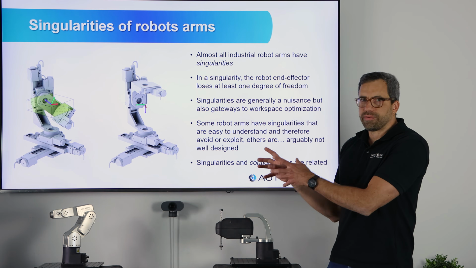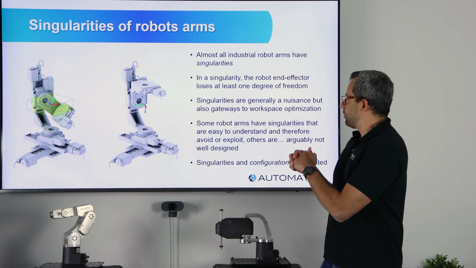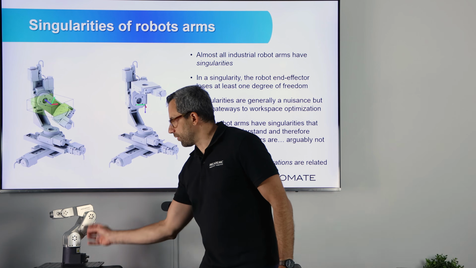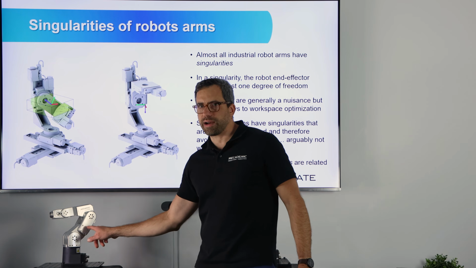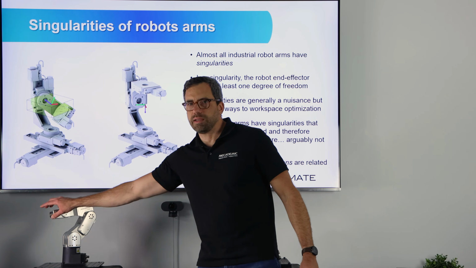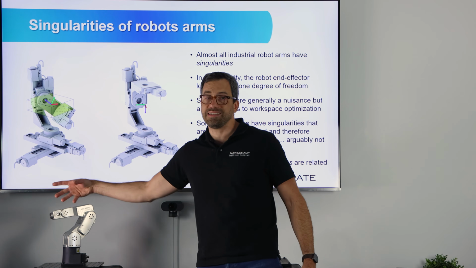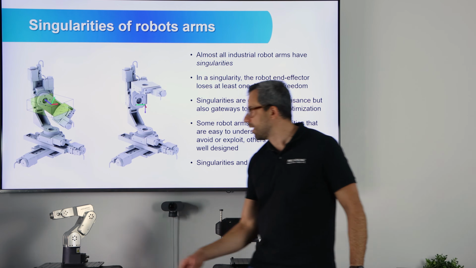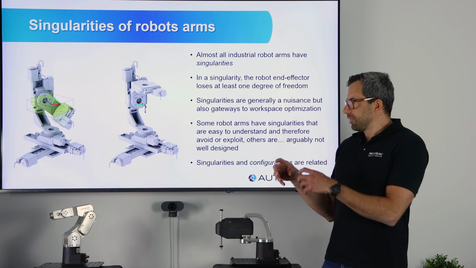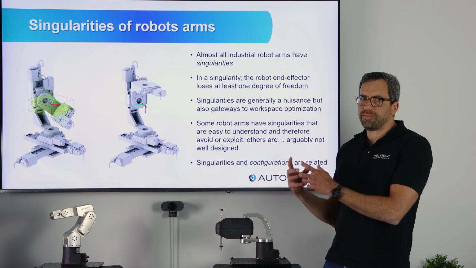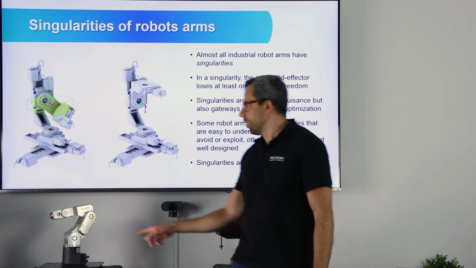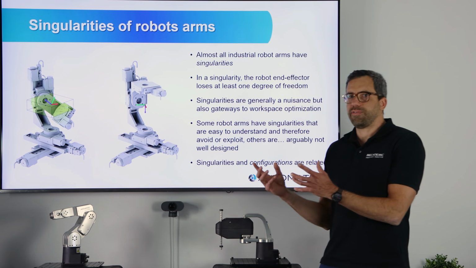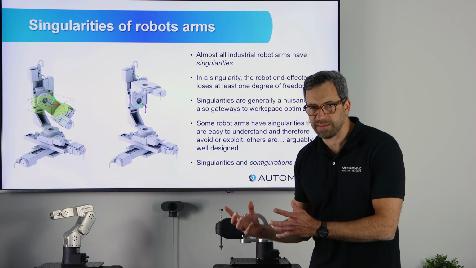This very common architecture is very simple in terms of inverse kinematics, so solving the joint variables that give you the desired position and orientation of the end effector. And also the singularities are very simple to describe. Like you can say, theta 5 equal to 0, I should avoid this. So it is very advantageous to have robots like this.